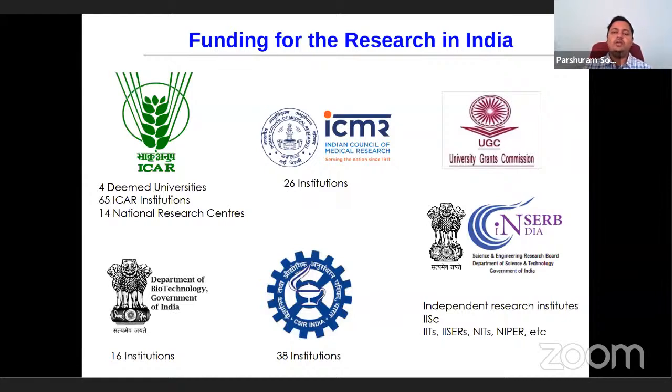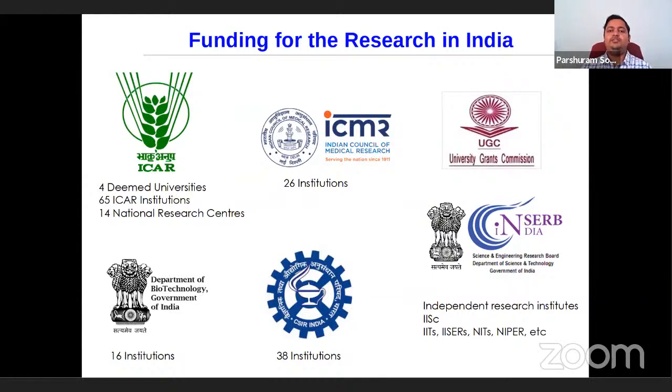A very well-known example from Pune is the National Chemical Laboratory, which does different types of research. Similarly, ICAR also has lots of research institutes, such as many agricultural research institutes present in India. Their famous institute is also NDRI, the National Dairy Research Institute, where lots of research goes on in dairy and dairy-related products.